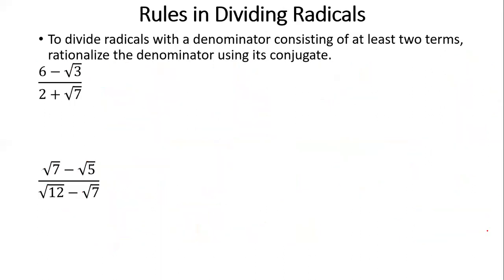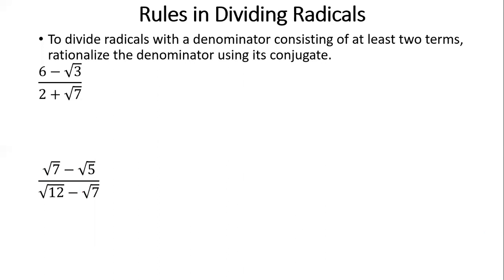Last one. So ito na. Medyo bago po ito. So listen very carefully. So to divide radicals with a denominator consisting of at least 2 terms, rationalize the denominator using its conjugate. So sa usaping conjugate po, ang ginagamit po natin na konsepto dito is yung usually yung difference of 2 squares na concept.